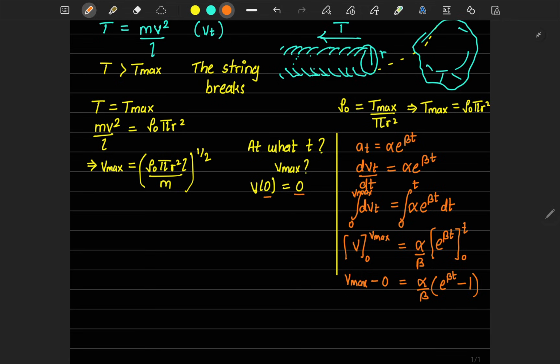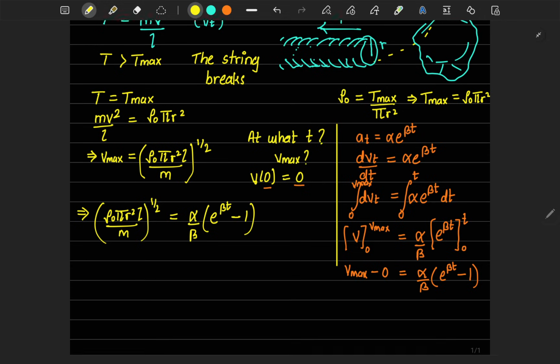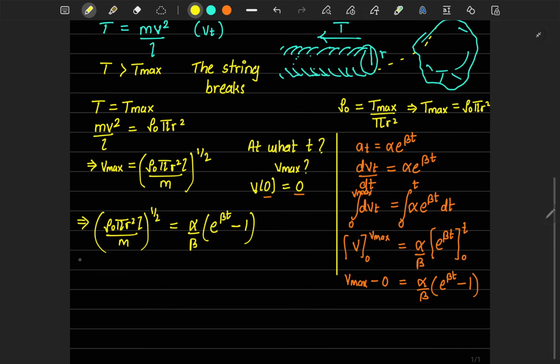Okay, so now we have to isolate t from this. Our Vmax is rho naught pi r square L by m to the power half, that is equal to alpha by beta into (e to the power beta t minus 1). So all we have to do is solve for t.